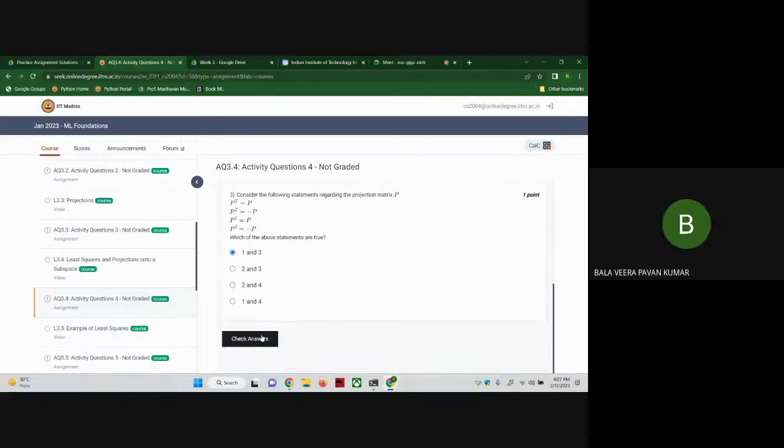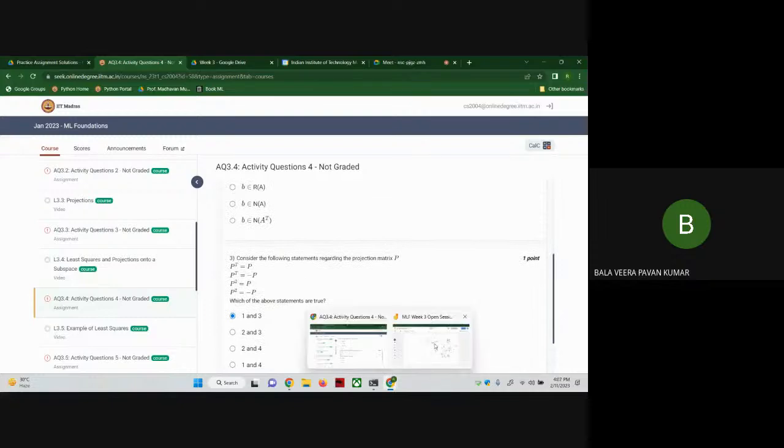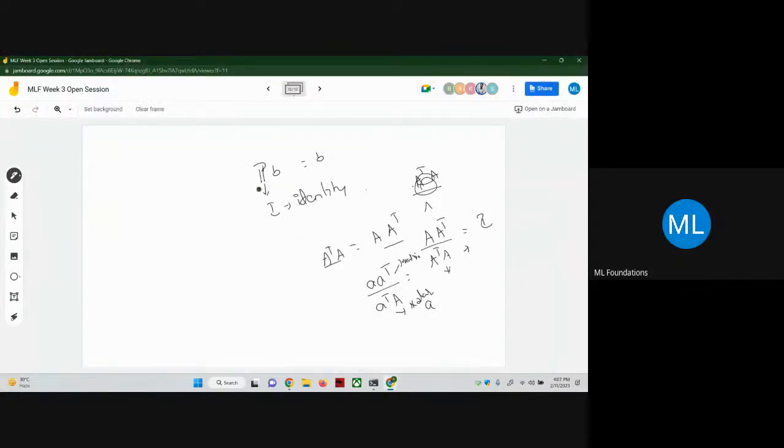Sir, could you explain the symmetry of that particular matrix? The symmetry of the projection matrix? See, let's say you're forming a projection matrix from a single vector, a times a transpose. So it's going to be something like x, y, z multiplied by x, y, z. What do you get?